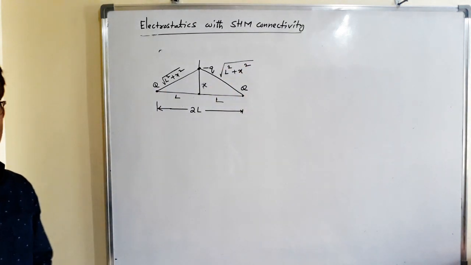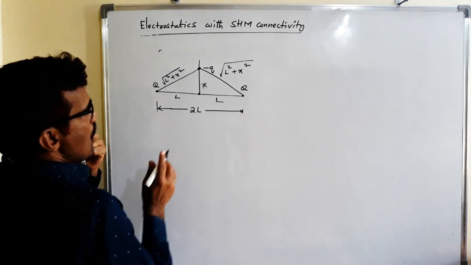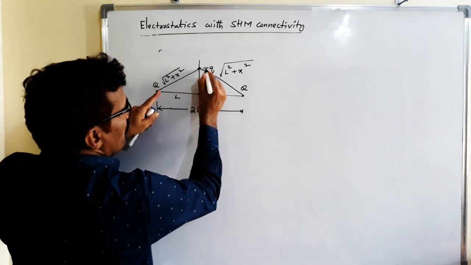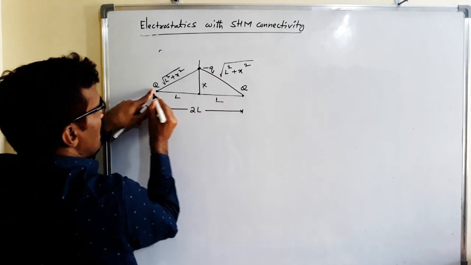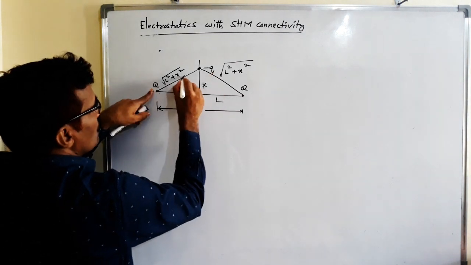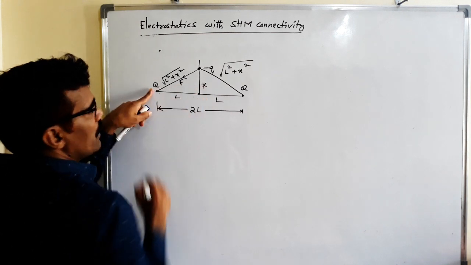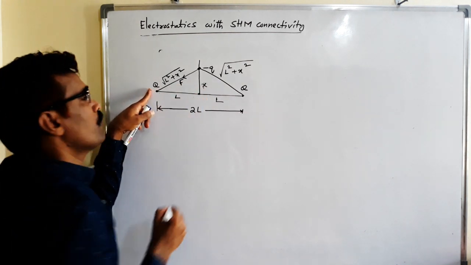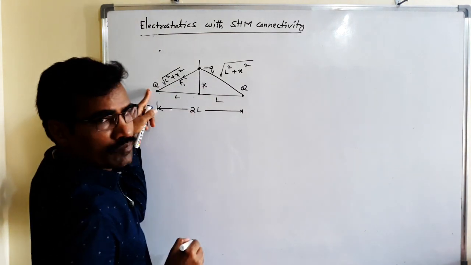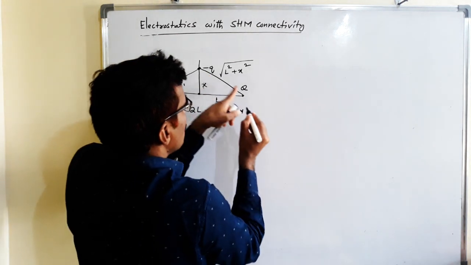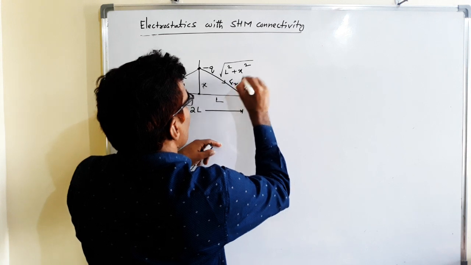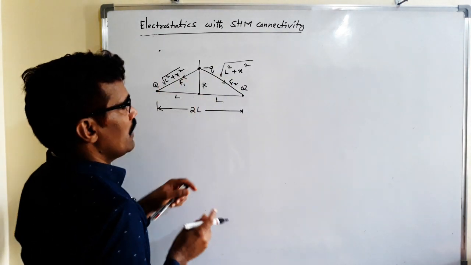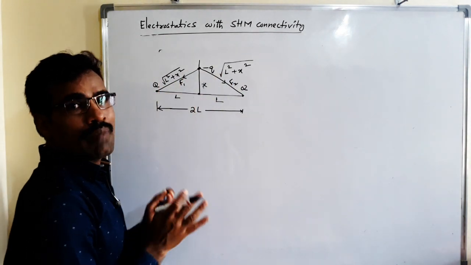Students, what is the force acting on minus Q due to this? Minus Q is attracted by plus Q towards it with a force F1. Minus Q is also attracted by this other Q with force F2. F1 and F2 are the same in magnitude.